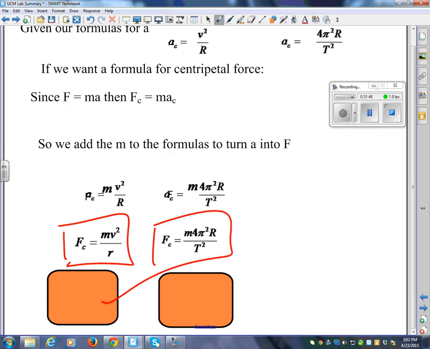I hope someday I can forget that one. The first one I don't think I'll ever forget. I've used it far too much. mv squared over r and m 4 pi squared r over t squared. That is ugly. No doubt about that.